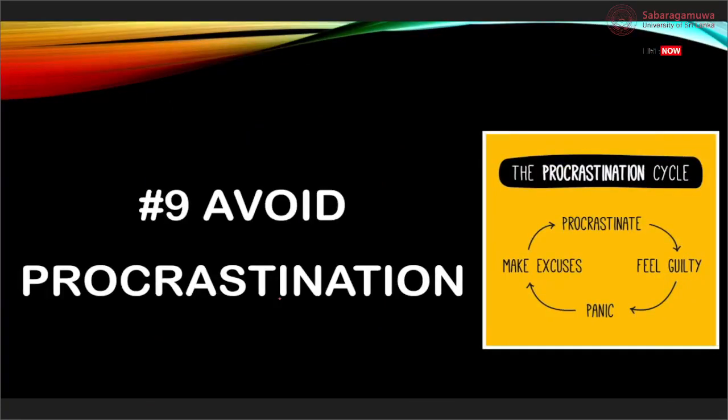Now, one of the things that happens to almost all of us is a tendency to procrastinate. Well, that tendency creates some great problems. For example, if you procrastinate on a particular goal, trying to publish in a certain type of area over a certain period of time, you're very likely to feel guilty.